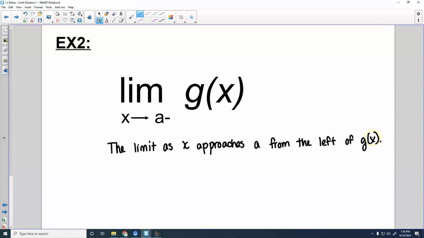In this case, we don't have the actual equation for our limit. We've just got the name of the function there. I don't like that way as well, I don't think. I think I like saying as x approaches A from the left at the end. But you could, either one is fine there.